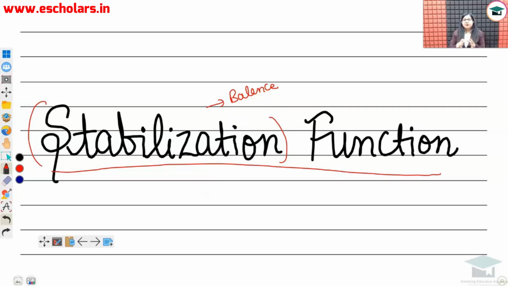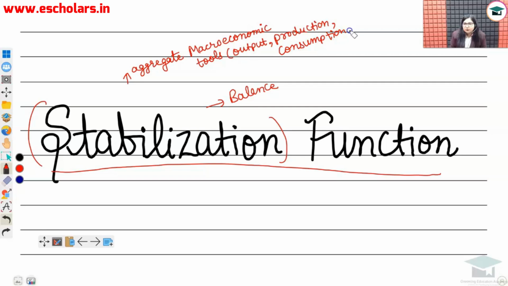Here, stabilization relates to the balance of the entire economy, and we know that the entire economy is based on aggregate macroeconomic variables such as output, production, consumption, prices, etc. The economy will be in a stabilized situation only when these aggregate macroeconomic variables are balanced.